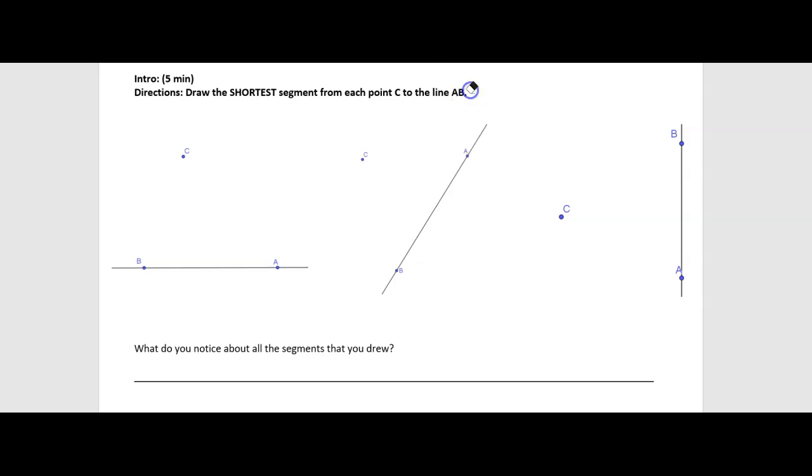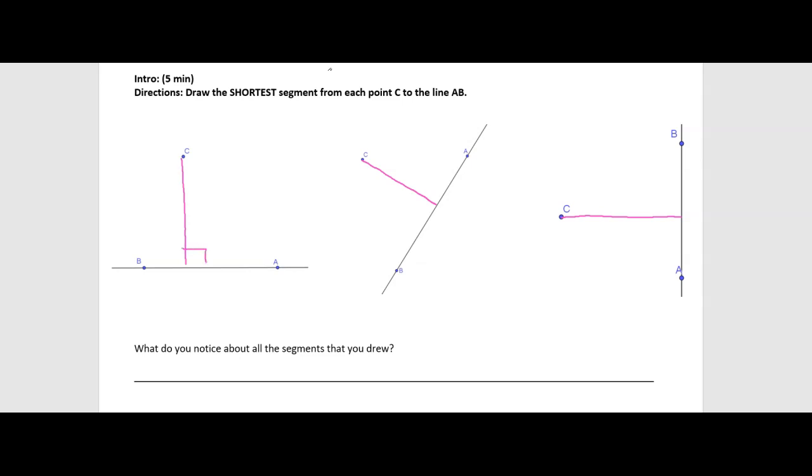Okay, so if I draw the shortest segment here, I'm going to come straight down. Over here, I'm going to come across like this, and over here I'm going to go straight across to my right. And again, maybe because of the title of this lesson or you've studied this before, all of these segments are perpendicular, right?